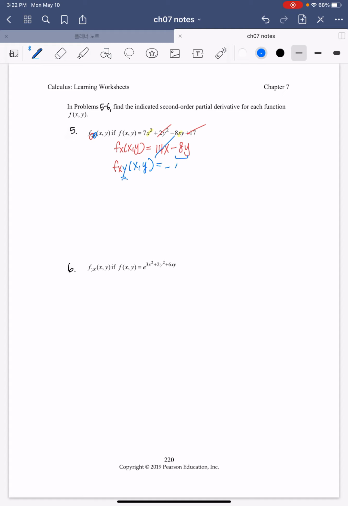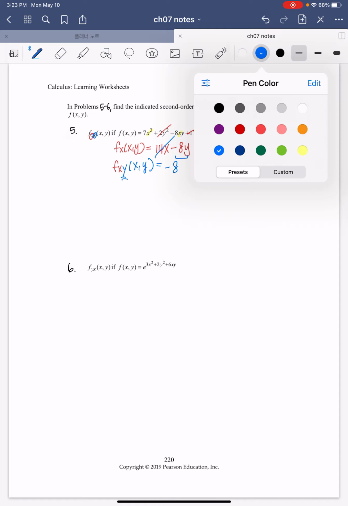This is only surviving with negative 8. Okay. So that's it. So you just have to keep it pretty straightforward. Don't mix up the variable. Okay. Differentiate term by term with respect to the correct variable.